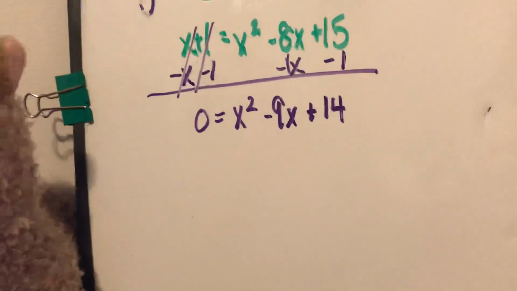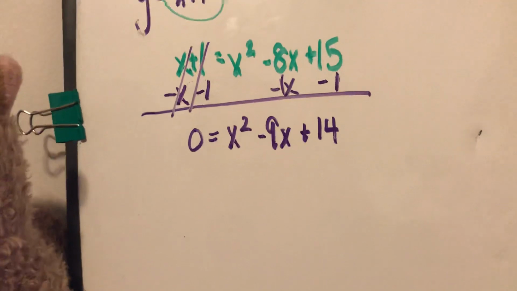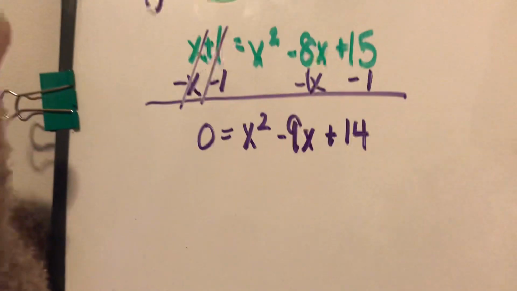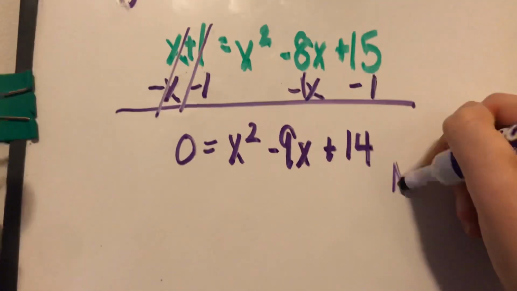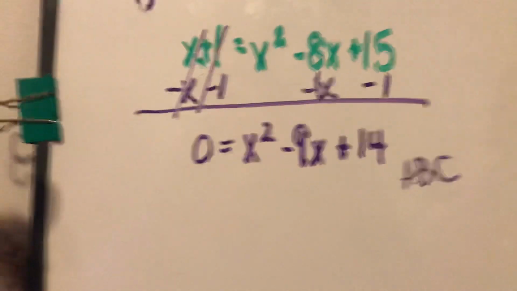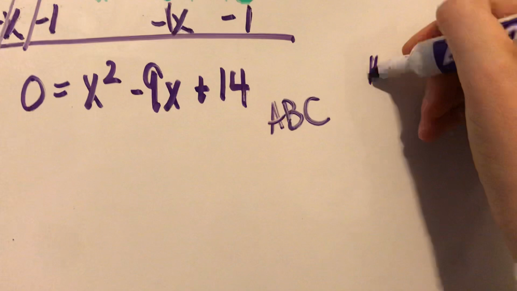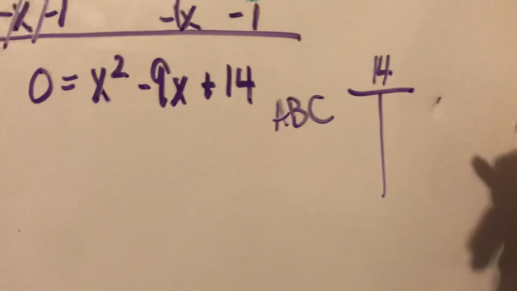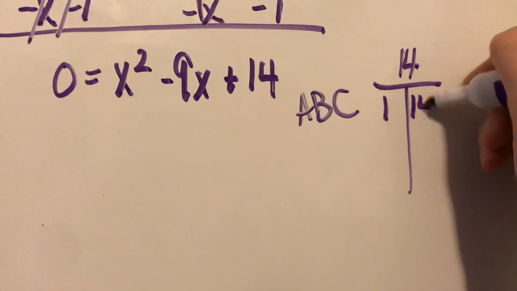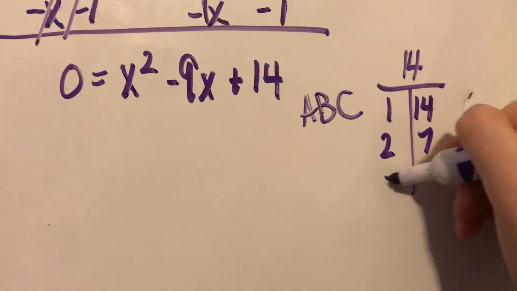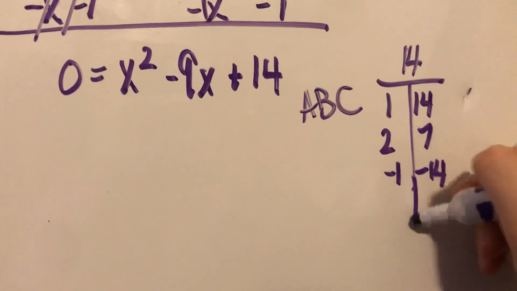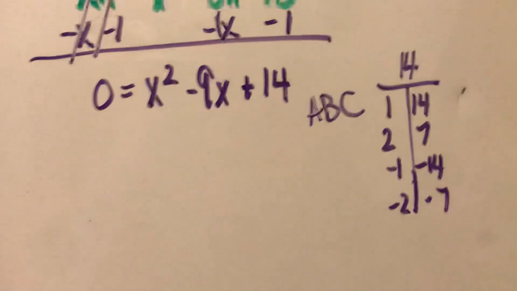Now, if I said to you, hey, we want to solve for x here. Oh, Joselle, thank you so much for telling me that I need to use the ABC method. So I'm looking at my C value, which is 14. We love factoring. I'm going to start listing those factors: 1 and 14, 2 and 7, negative 1, negative 14, negative 2, negative 7.